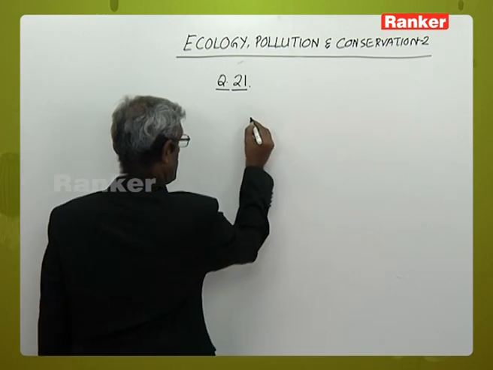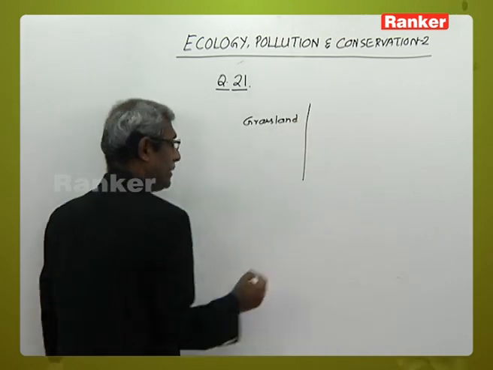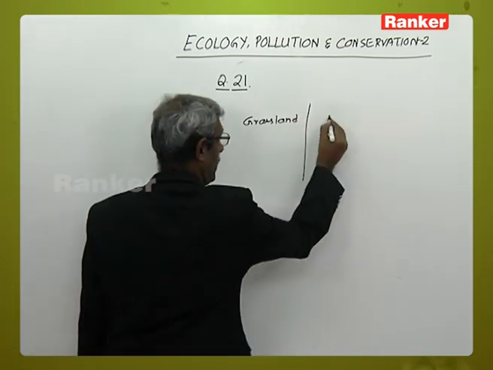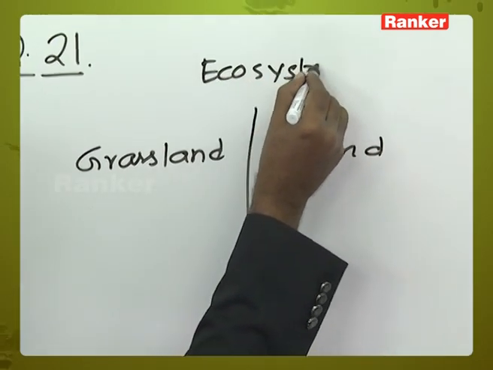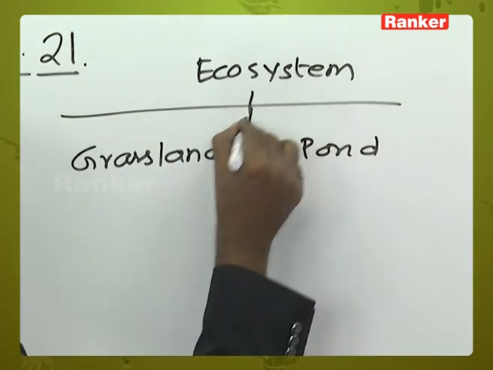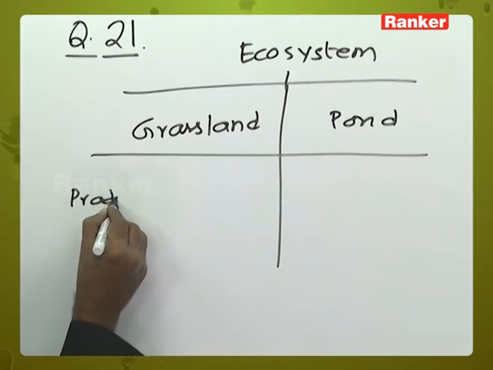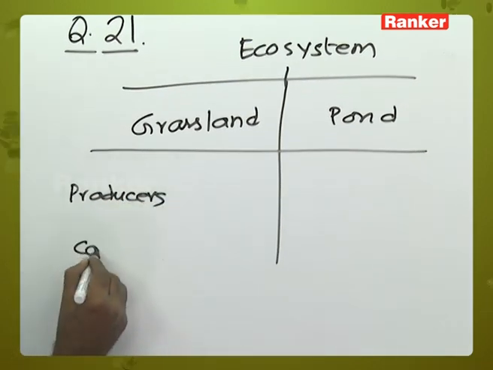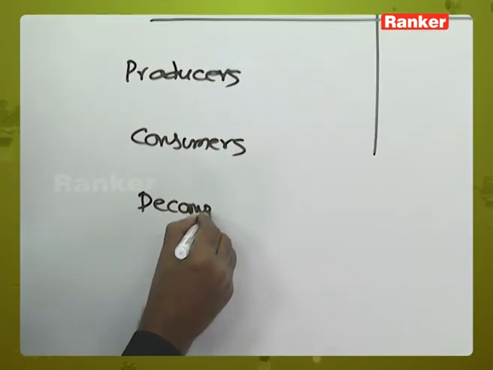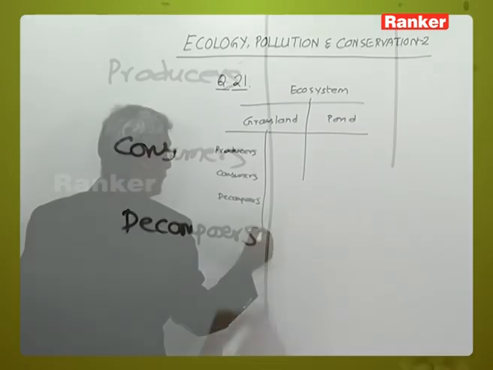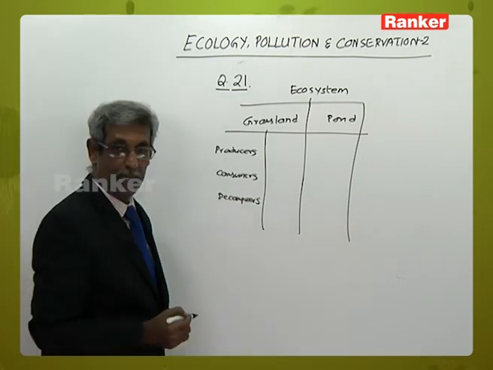When you take a grassland ecosystem, and on the other side a pond ecosystem, the producers, consumers and the decomposers are very much varied.